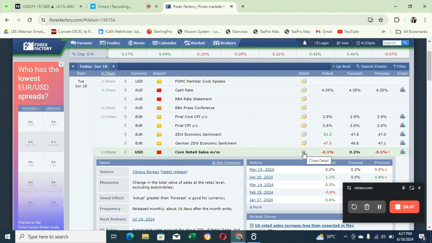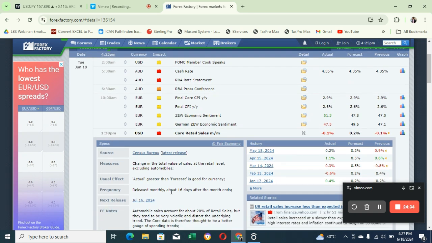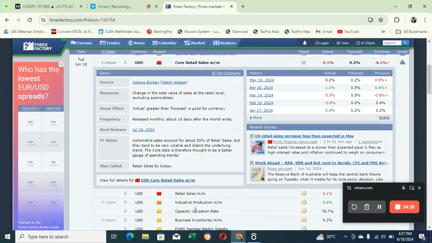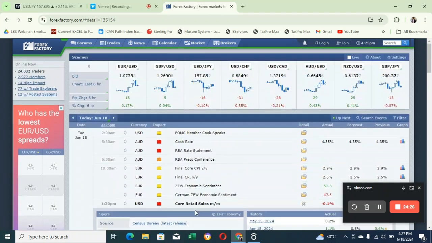The usual effect is that greater than forecast is good for the currency. The news is released about 16 days after the month end, so this is what we may likely see on this particular site.